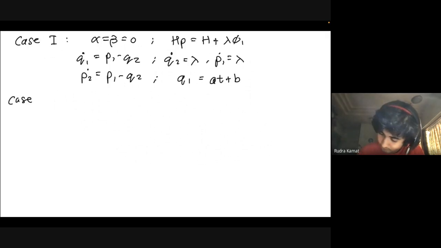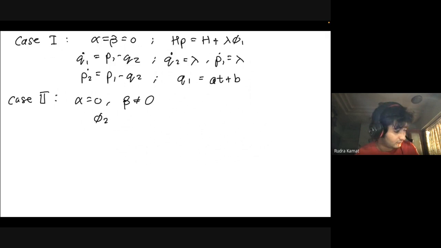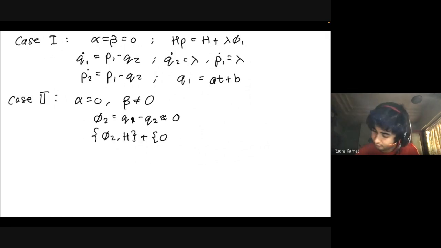Case 2, I urge you to work this out on your own whenever you have time. It's just algebra and different cases. We have another constraint, phi 2, q1 minus q2 is 0 weakly. Consistency is phi 2 H plus lambda phi 2 phi 1 is weakly 0.